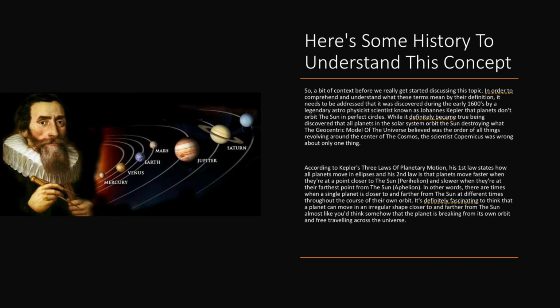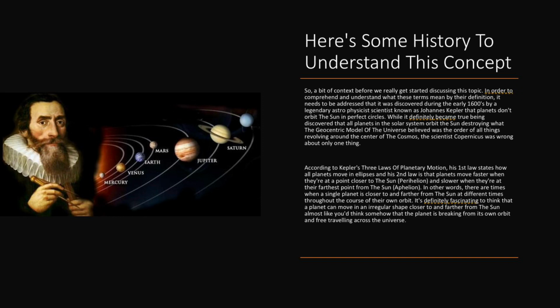According to Kepler's three laws of planetary motion, his first law states that all planets move around in ellipses around the sun. His second law is that planets move faster when they're closer to the sun, which is their perihelion distance, and slower when they're at their farthest point from the sun, which is their aphelion distance.